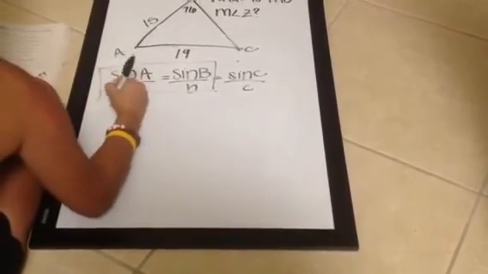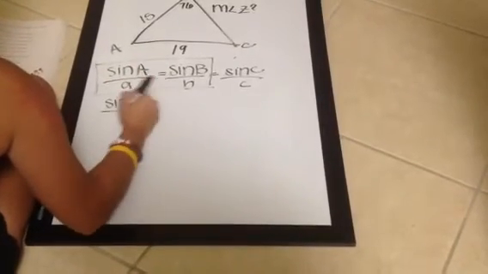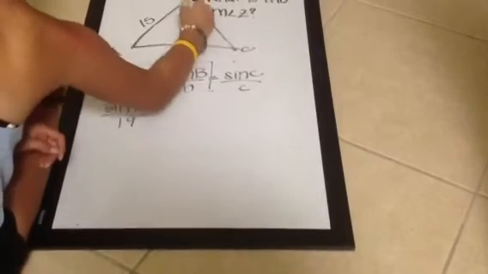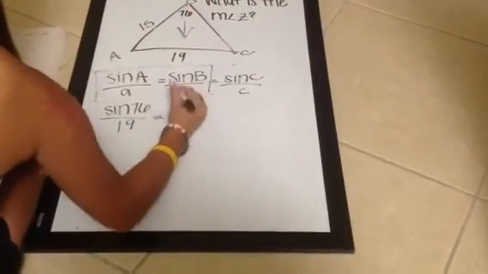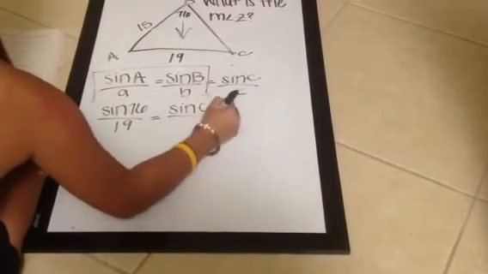So sine 76 over 19 is equal to sine C, our missing angle, over 15.